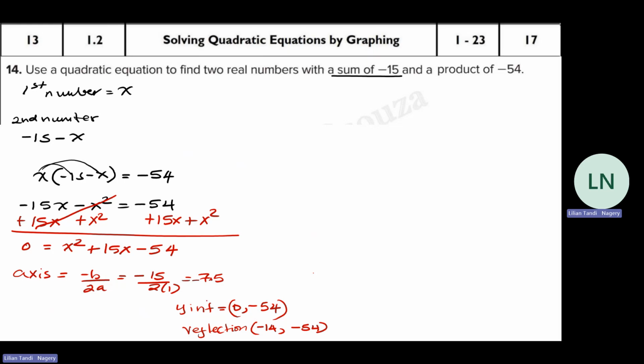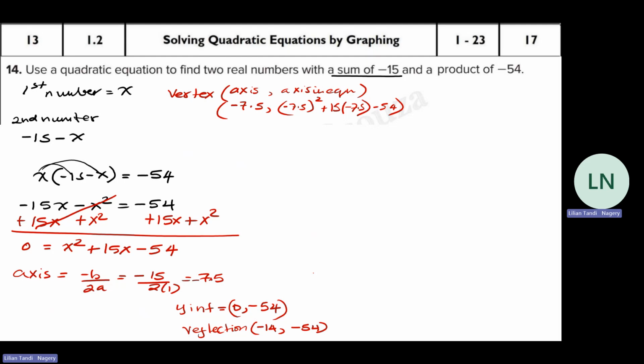All right, after you find reflection, find vertex. So do vertex. Vertex is what? Vertex is axis and axis in the equation. Okay? Axis was how much? Negative 7.5. Now do negative 7.5 in the equation. Negative 7.5 squared plus 15 times negative 7.5 minus 54. I put all that in the calculator.